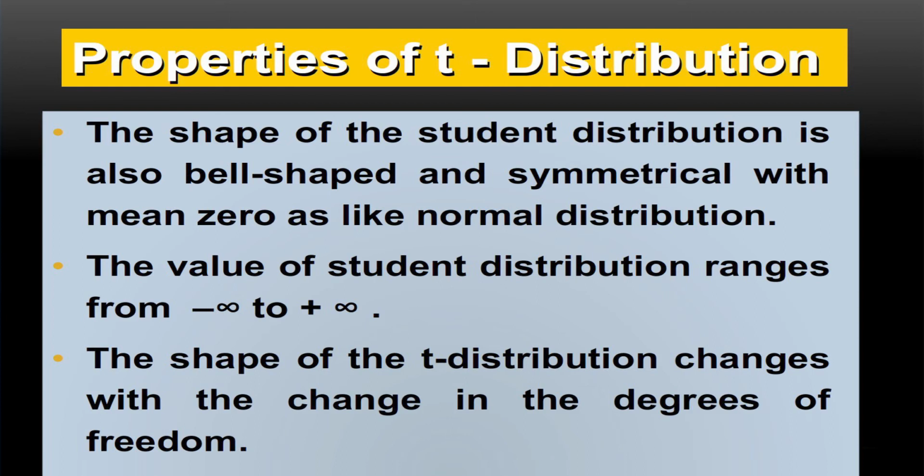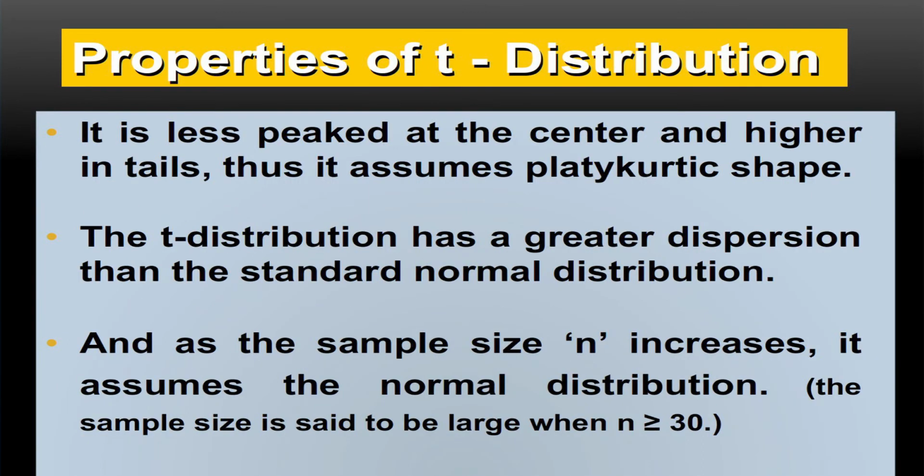The shape of t distribution changes with the change in the degrees of freedom. 4. It is less peaked at the center and higher in tails, thus it assumes platykurtic shape.